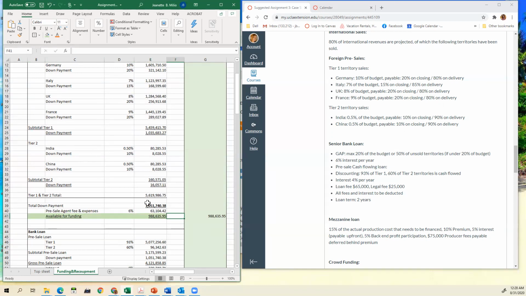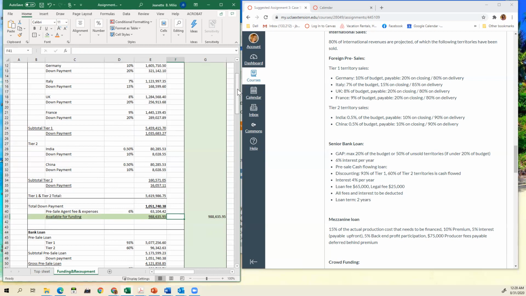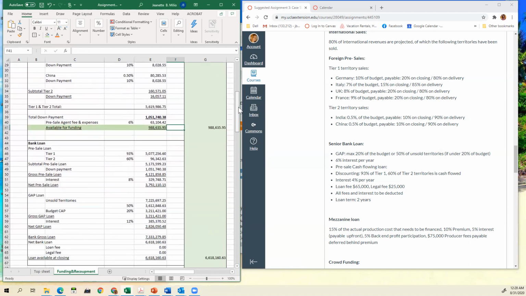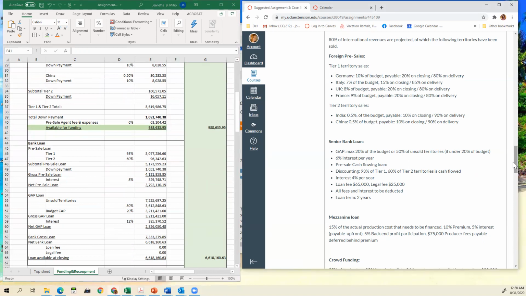Okay, so we keep all this in mind, the Tier 1 territories and the Tier 2 territories, when it comes time to deal with our bank. So what our bank says here, as you see, they're giving us 93% of all our Tier 1 distribution revenues. And when we look at what we had in Tier 1, let's go back up here again.